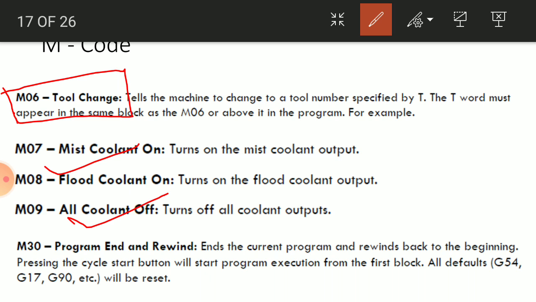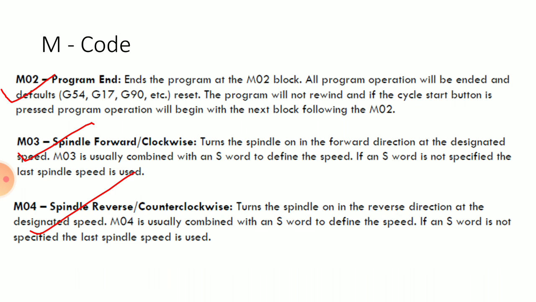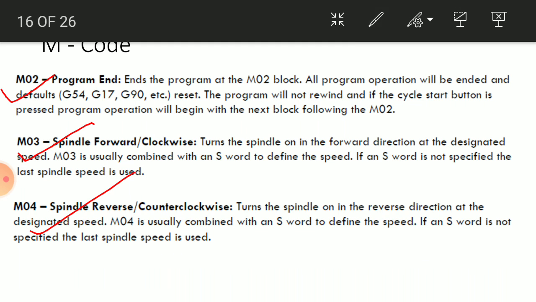And M30 is the temporary ending of the program. What does the temporary ending of the program mean? Suppose you are giving some loop or cycle in a program, and you have to finish or close that loop, for that purpose we are using M30. But in the last slide we studied M02. M02 means ending of the whole program.